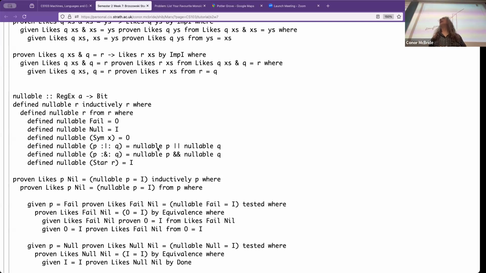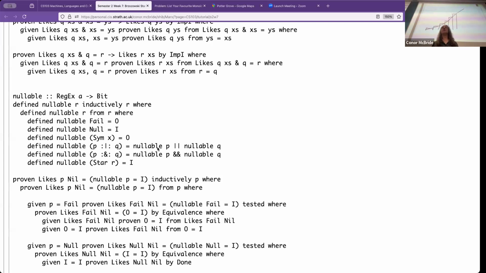So if the string is empty, we want to check whether or not the regular expression likes nil, likes the empty input. And that's what we do with nullable.